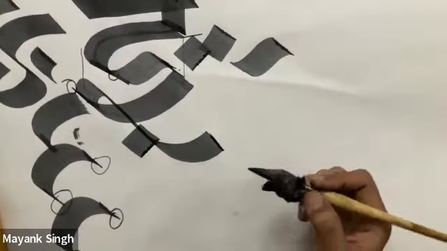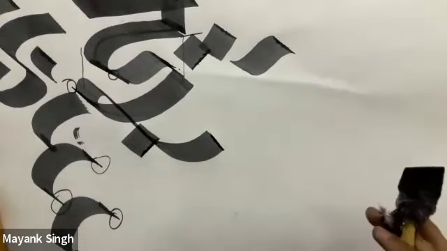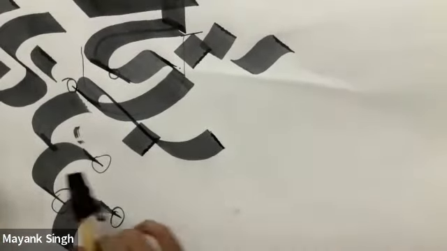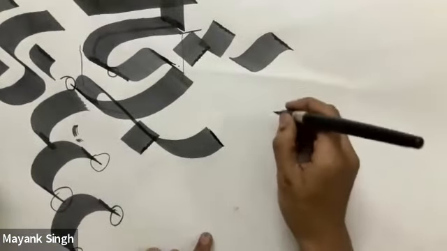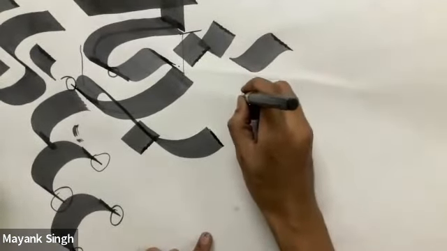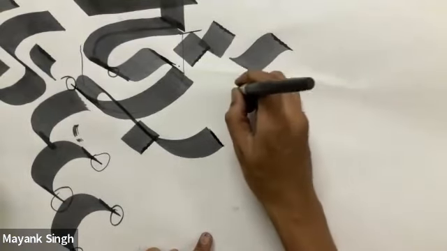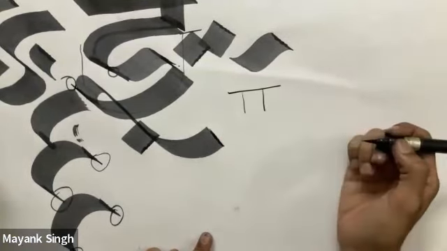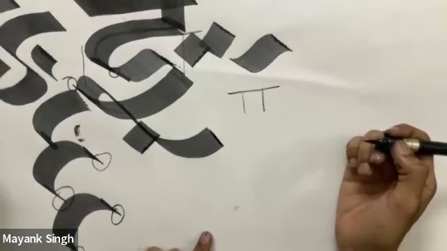Now comes A. A is comparatively easier. If you just look at the anatomy of A, the anatomy is two straight lines parallel and one perpendicular line, or it's a sign for pi.